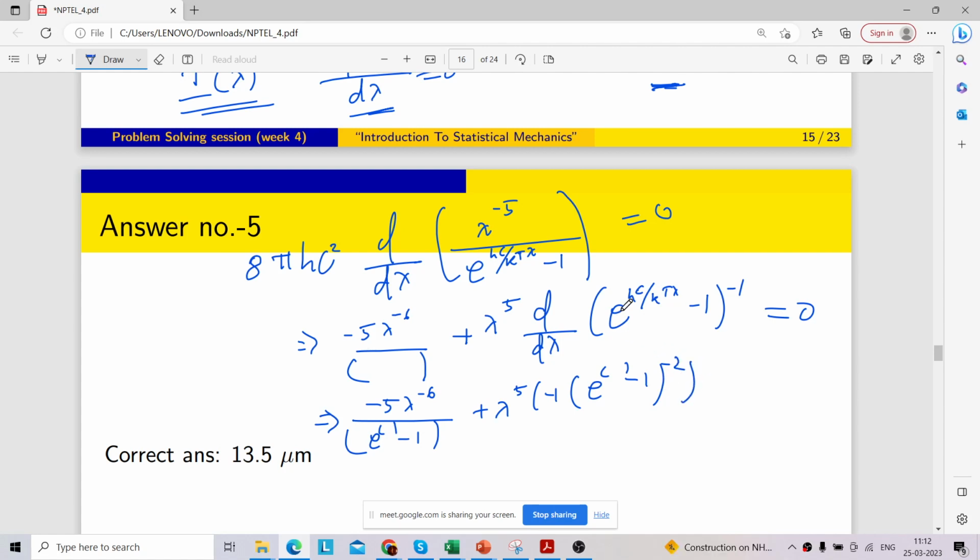Then again I have to do the derivative with respect to this, so I will have hc over kT times 1 over lambda, which is minus 1 over lambda square, and e to the power hc over kT lambda, and this will be equal to 0.